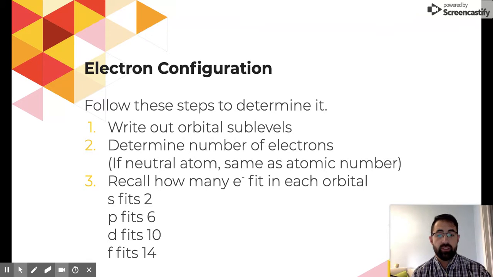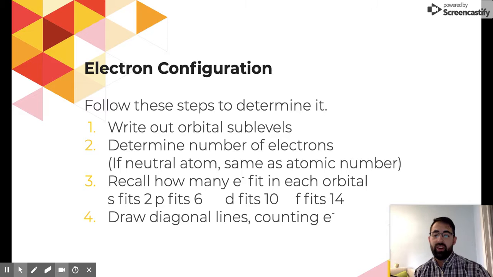Remember, S fits 2, P fits 6, D fits 10, F fits 14. We will go over this in class, but I want you to have a chance to see it in print from your textbook, from me in this lecture, and then we'll do it again in person just to practice, to make sure we've got this idea down. And then we draw diagonal lines counting the electrons.